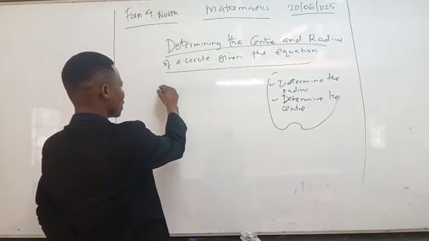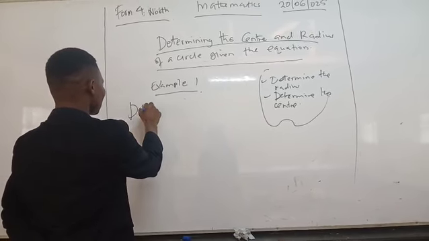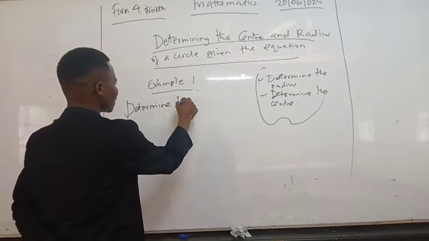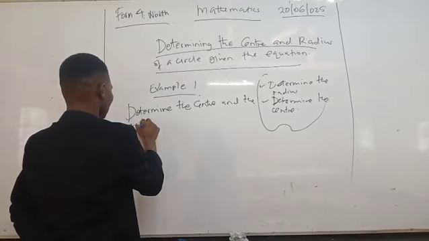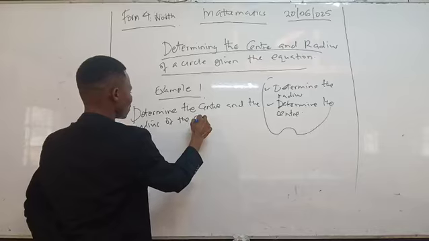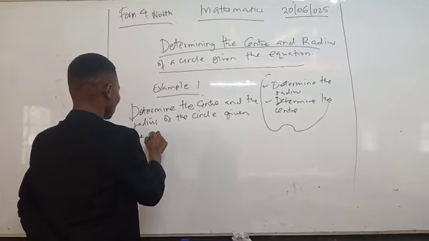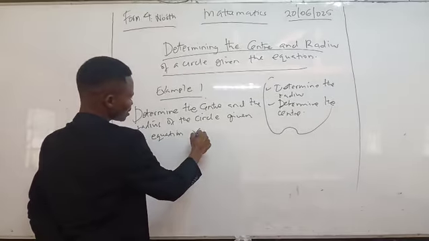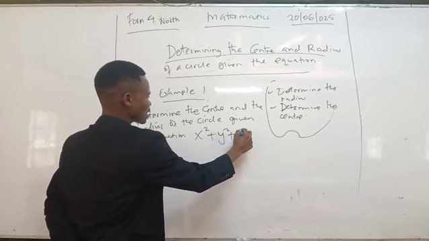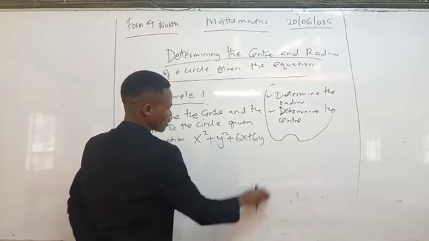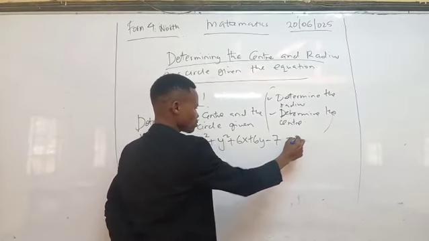Let us start with example 1. Determine the center and the radius of the circle given the equation. x squared plus y squared plus 6x plus 6y minus 7 is equal to 0.